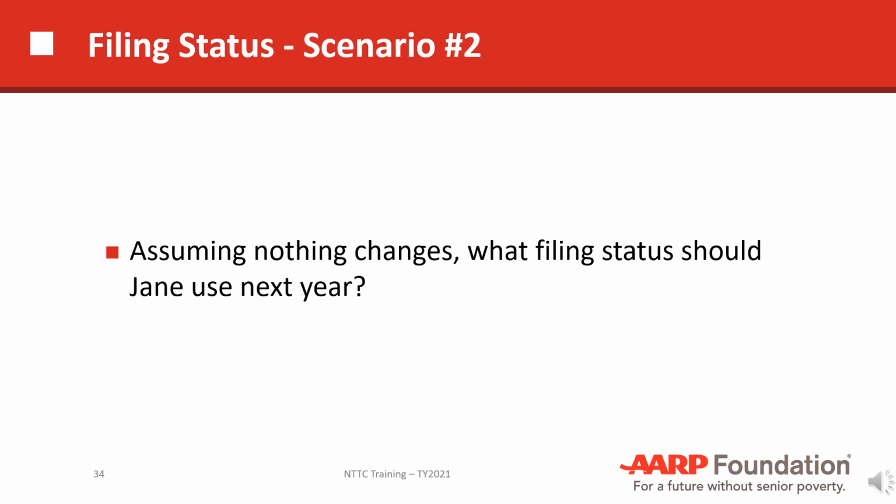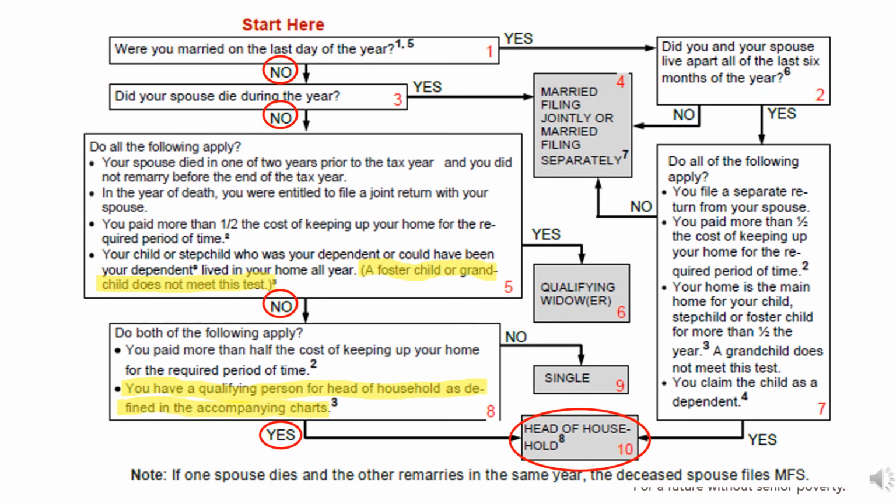That nothing changes, what filing status should Jane use next year? Well, this one's a little more involved. So we start at the top. Were you married on the last day of the year? The answer is no. Did your spouse die during the year? The answer is no. And then do all the following apply? So you got 4 bullets.